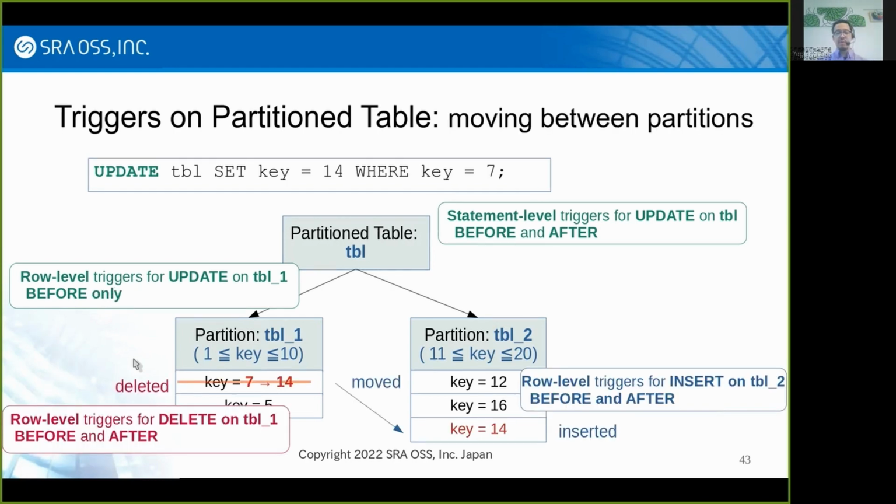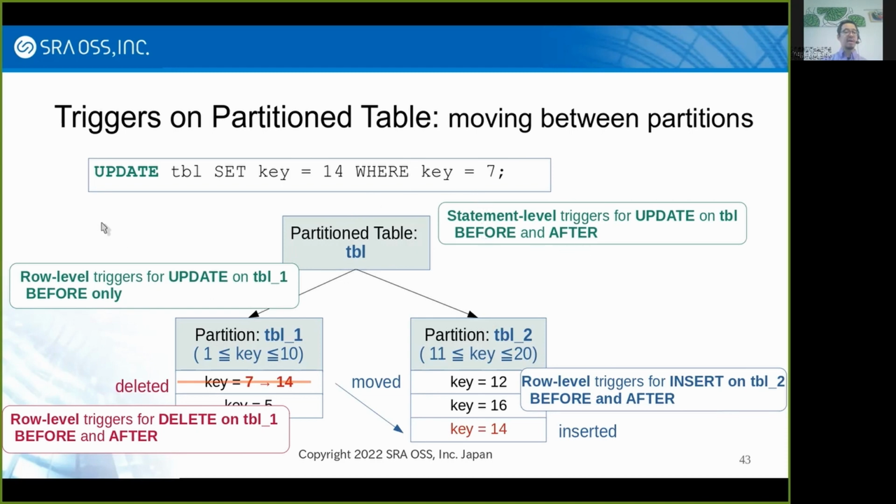On the other hand, this is another example, with a tuple record moving between partitions. The key value 7 is changed to 14. In this case, same as before, statement level triggers for update are executed on the root partitioned table for both before and after.